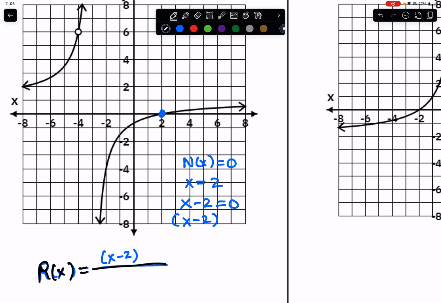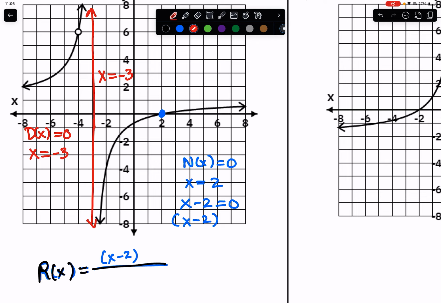Now, in order to have a vertical asymptote, like we see right here at x equals negative 3, our denominator, d of x, has to equal 0. Well, in order for d of x to equal 0, x has to equal negative 3.